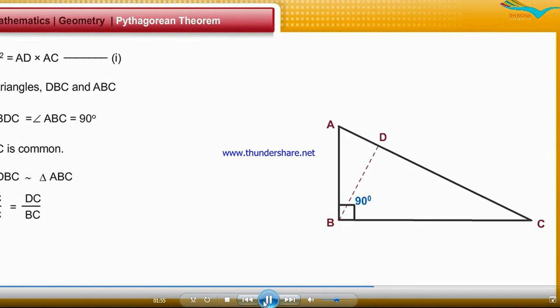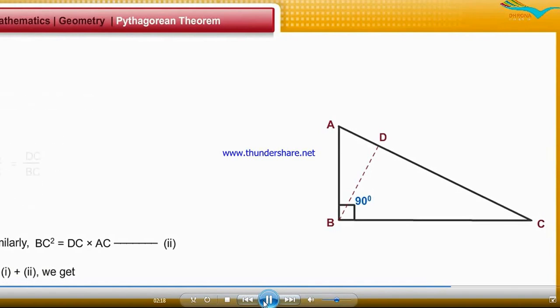We know that in similar triangles, corresponding sides are proportional. Therefore, BC by AC is equal to DC by BC. By cross multiplication, we get BC square is equal to DC into AC. Mark this as second equation.